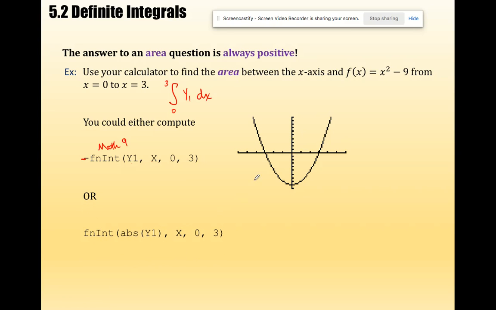We have a math rule that takes all negative values and makes them positive. Well, snap. Look what happens if I have the absolute value of what's in Y1. Look what it does to the graph. Look what it does to the function values between 0 and 3. Oh, hey.